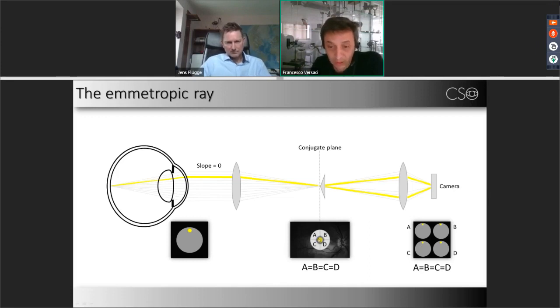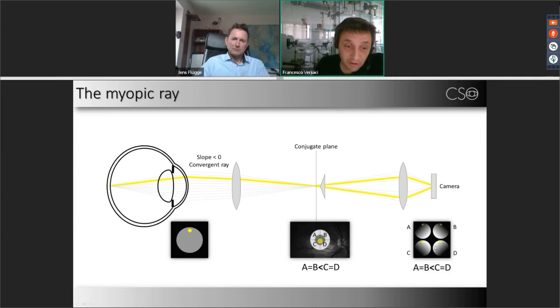This is because the amount of energy that goes on face A is the same as the one that goes in B, C, and D. So the brightness of each pixel corresponding to this point is going to be the same.